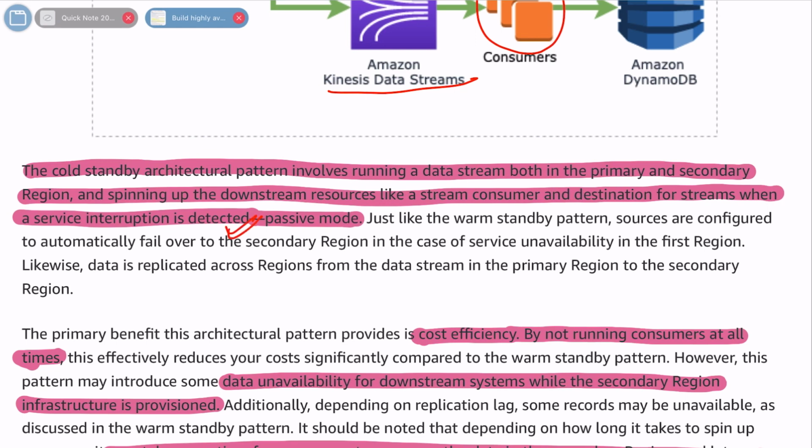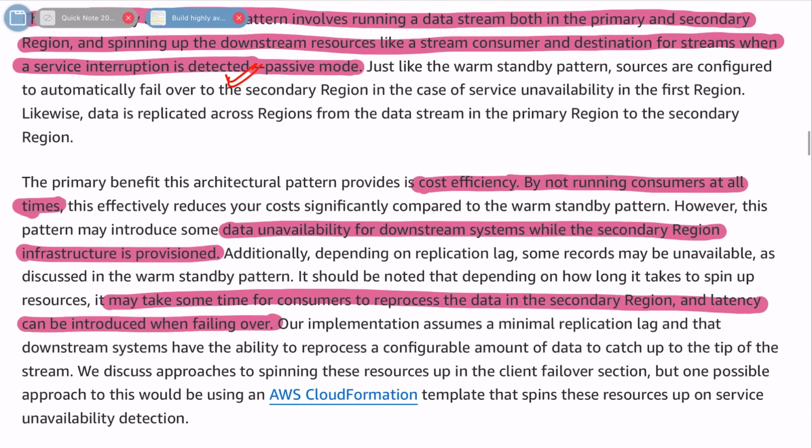This we already discussed, that consumers will only be online when the Kinesis data stream in region 1 goes down. This is definitely cost efficient. Why is this cost efficient? Because the consumers are not always running. We are only running the consumers when they are required. So the primary benefit is cost efficiency by not running consumers at all times, and definitely if the consumers are not running, then you are not paying for that time.